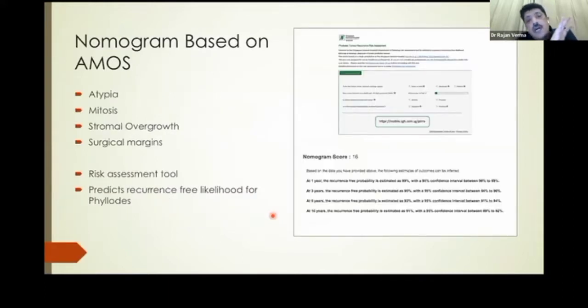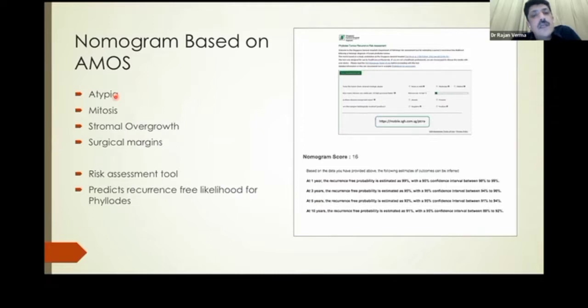There has been a nomogram made by Singapore General Hospital, called the SGH nomogram. It's a risk assessment tool which predicts the recurrence-free likelihood for phyllodes. The website is mentioned here. You can go there, and I just did some scoring and it gives out a nomogram score which predicts the recurrence-free survival for 1 year, 3 years, 5 years, and 10 years.